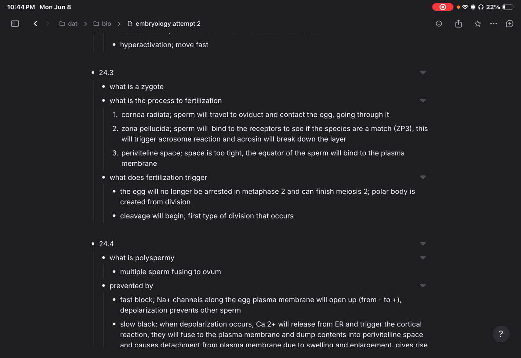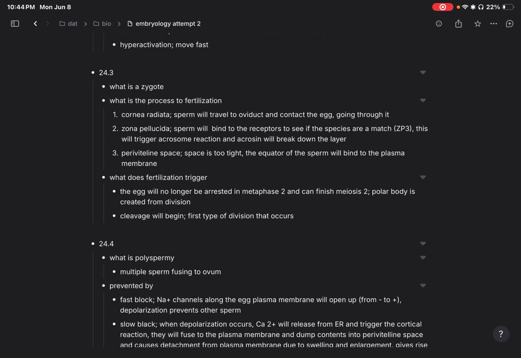Now it'll reach the zona pellucida. Keep in mind, that's coated with the glycoproteins that have the sperm cell receptors. So once the sperm reaches that receptor, like that CP3 or whatever, if it matches, then the acrosome reaction will occur, and the acrosin, which is within the acrosome, is the actual digestive enzyme, the hydrolytic enzyme, and it'll break down that layer and go into the perivitelline space.